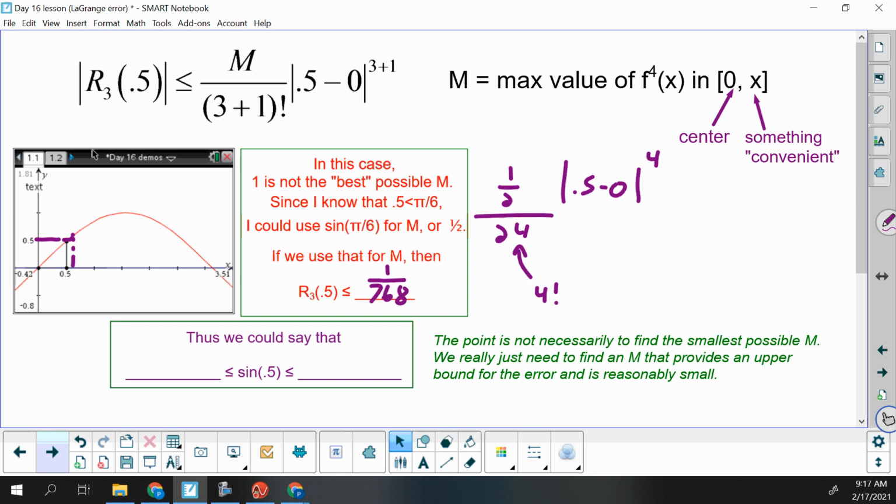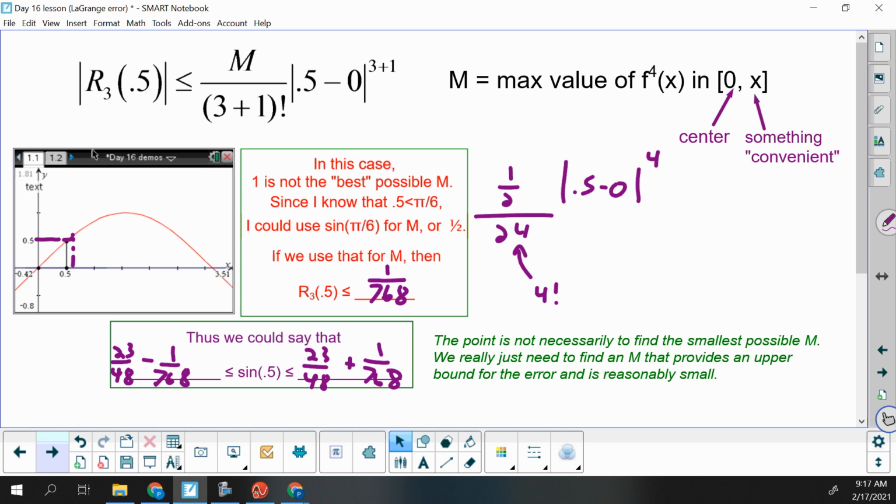So we then could say that we would have 23 over 48 minus 1 over 768, and 23 over 48 plus 1 over 768. So it's not necessarily the point to find the smallest value of M. We want something that's just definitely going to be an upper bound and is reasonably small.